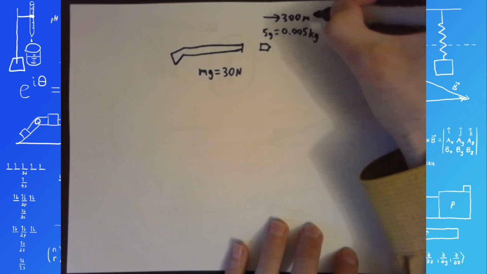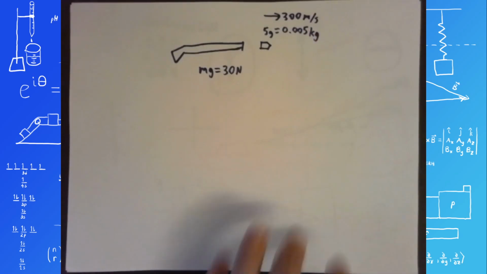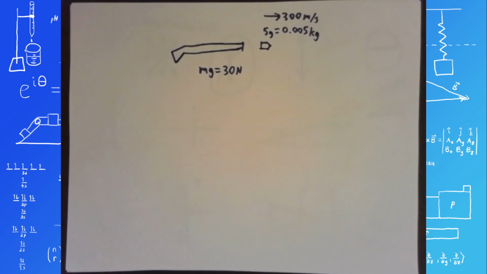Let's see. It says find the recoil speed of the rifle, that's part A, and then part B, if a 700 Newton man holds the rifle firmly against his shoulder, find the recoil speed of the man and rifle.